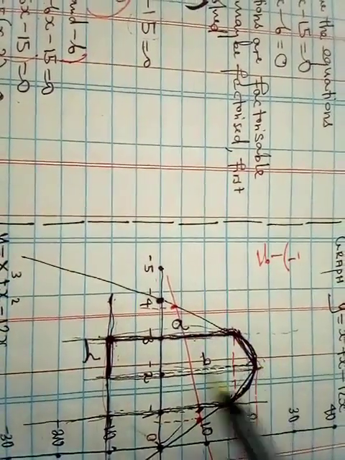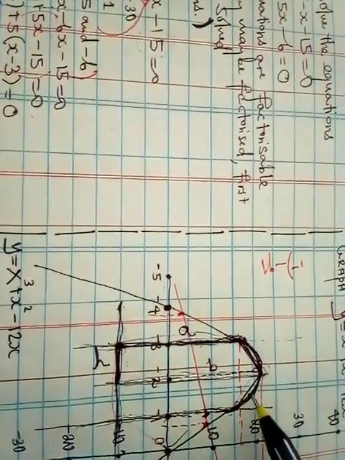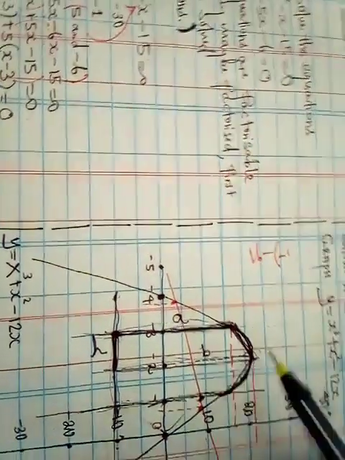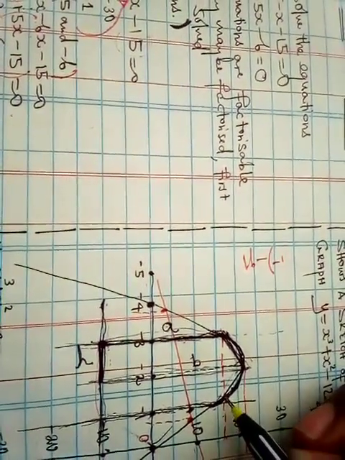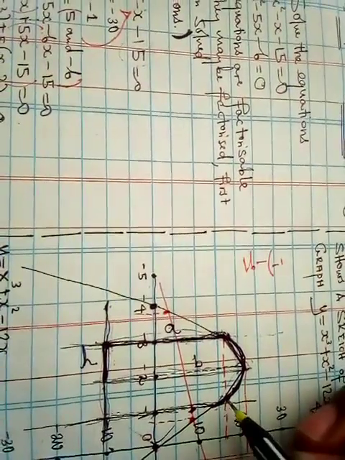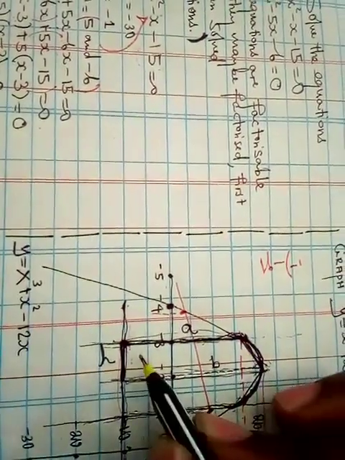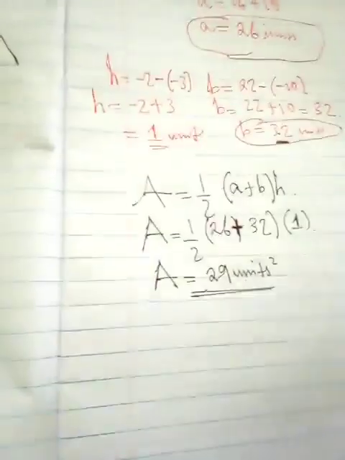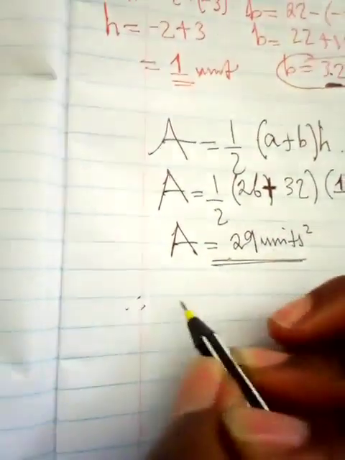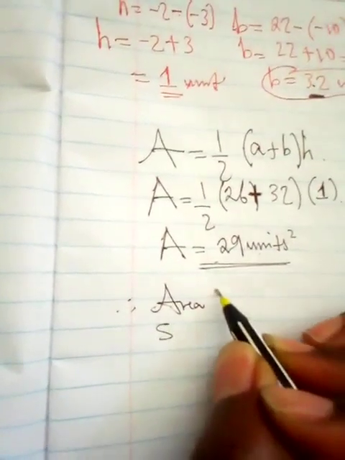That's why you need to be fast. Now, having seen that these are symmetrical, we can just multiply our value by 2, because it shows that the area for this one and the area of this one are equal. So rather than repeating the whole process again, your final answer is going to be the area bounded.